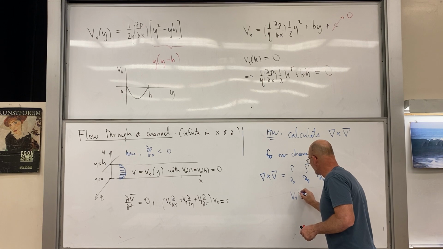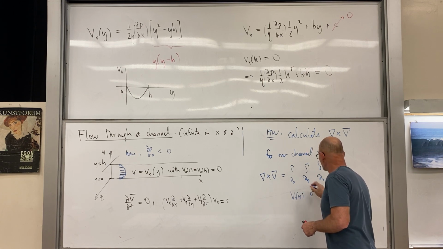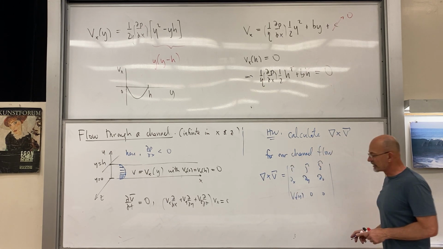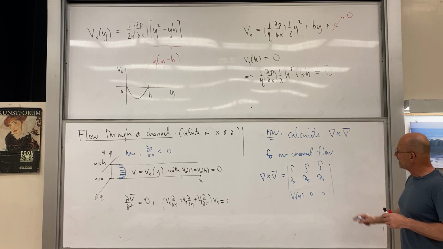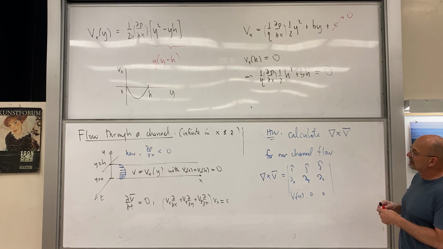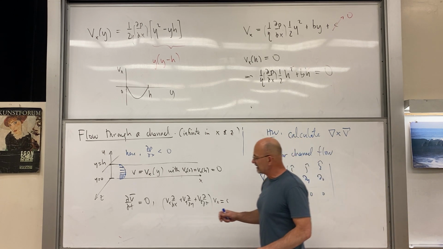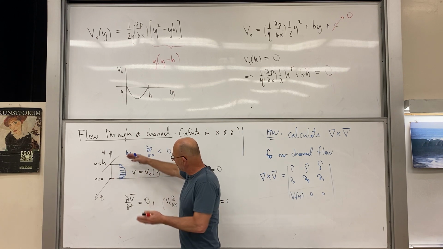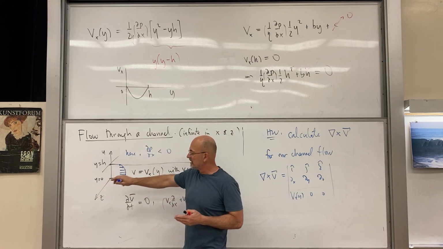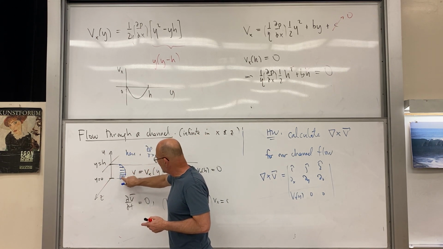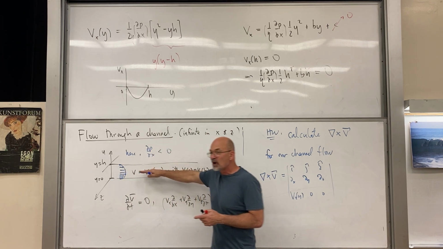Here you're going to have a Vx of y, 0 and 0. So you can already see you're only going to have that k component of the curl, and it's important, this cannot be a potential flow. It's going to have curl. The only place where the curl vanishes is right there at the center of the flow in the bulk.